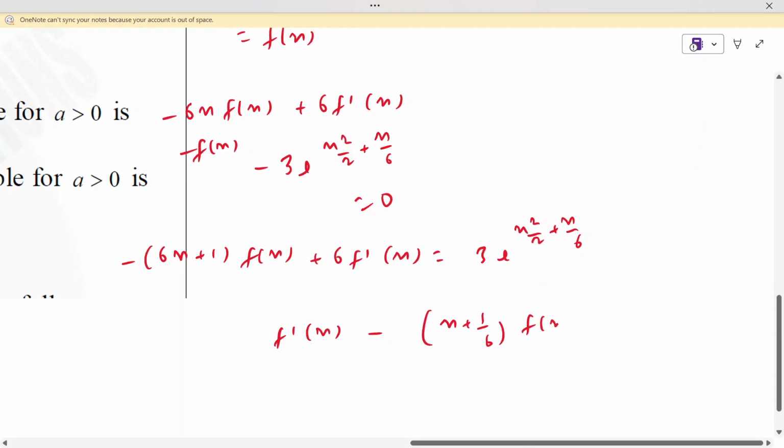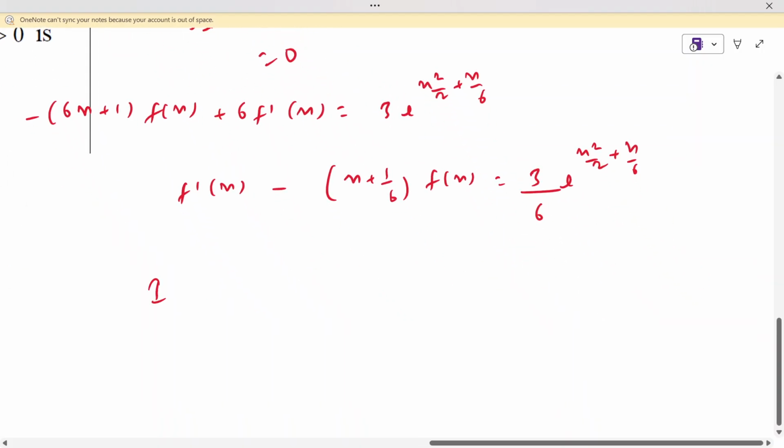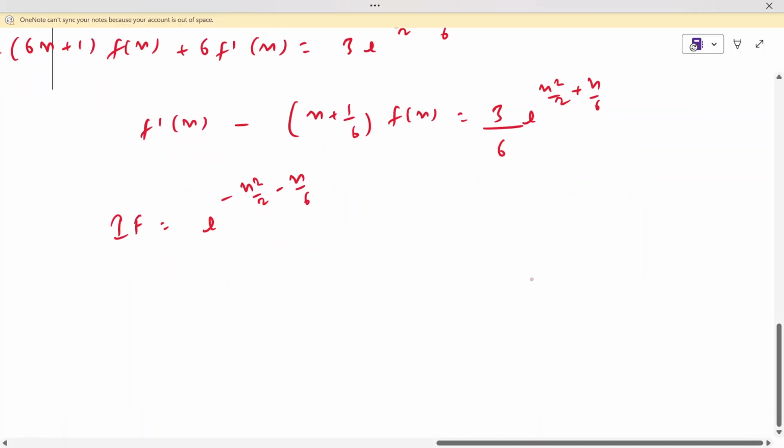equals 3 by 6 e to the power x square by 2 plus x by 6. It's a linear equation after that. Now taking the integrating factor, it will be e to the power minus x square by 2 minus x by 6, isn't it? So f(x) into e to the power minus x square by 2 minus x by 6 should be equal to 1 by 2, that will cancel dx.